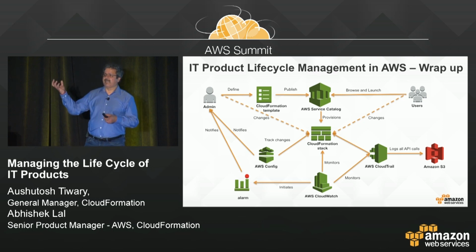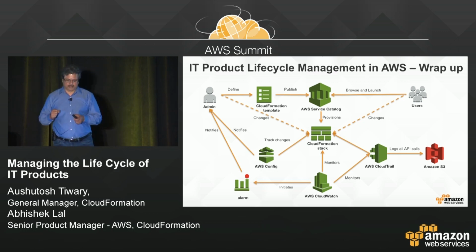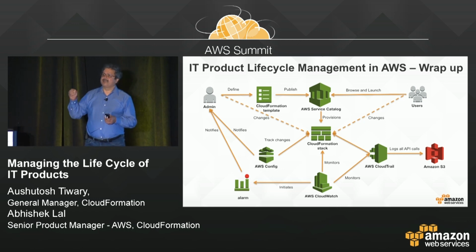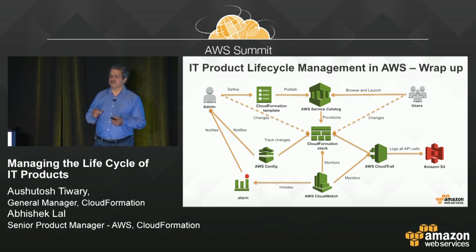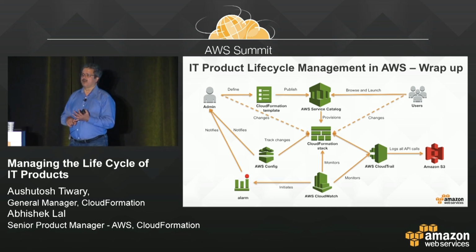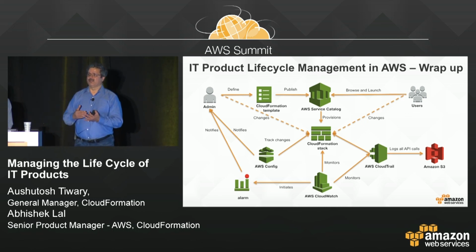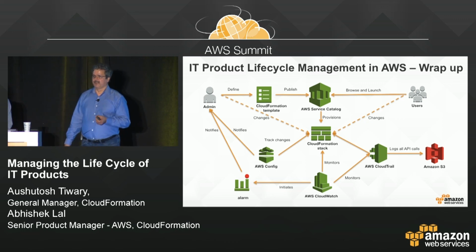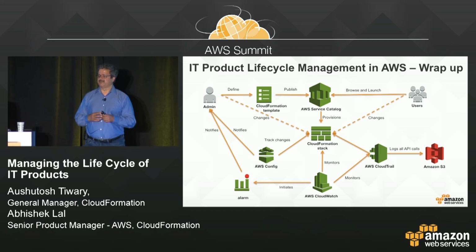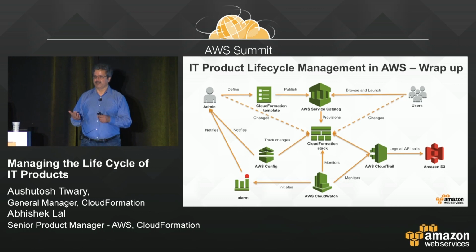That CloudFormation stack can then be monitored using CloudWatch. You can set alerts on it. You can track changes that are being made to that stack through AWS Config. And then you can track access to that. All of this helps you with governance, compliance, and monitoring of the stack once it has been launched and it's in operations. So this is the total end-to-end picture of how to use AWS services to manage your enterprise workloads as IT products in AWS.